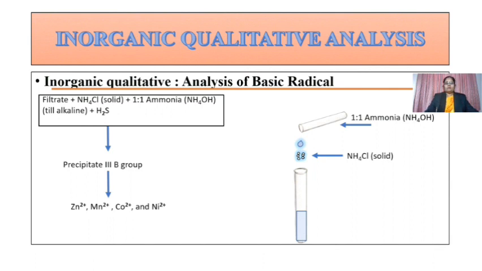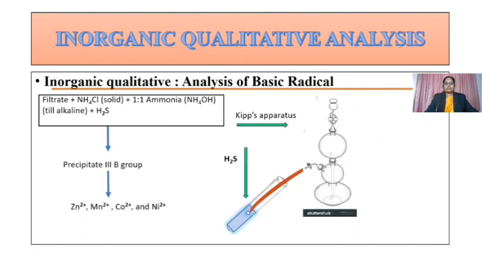So take the filtrate and add to it NH4Cl solid, thereafter 1:1 ammonia. Then we have to pass the H2S in this solution. Bubble the H2S into the solution.